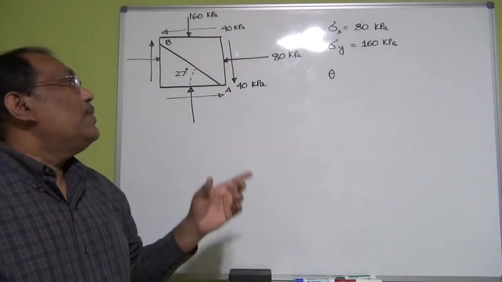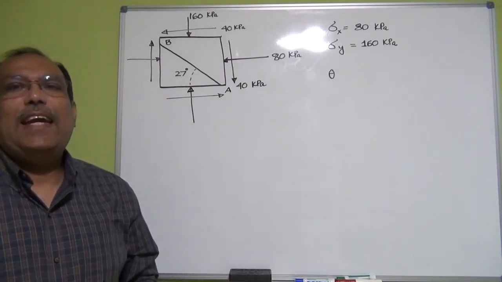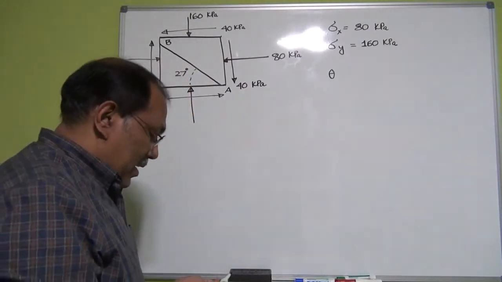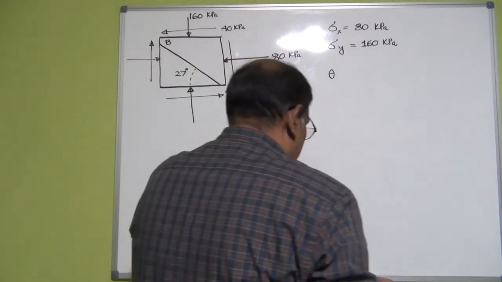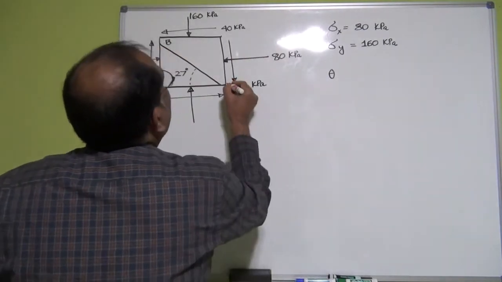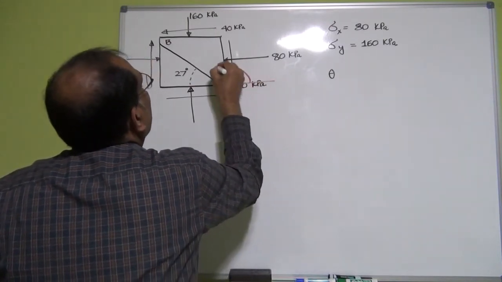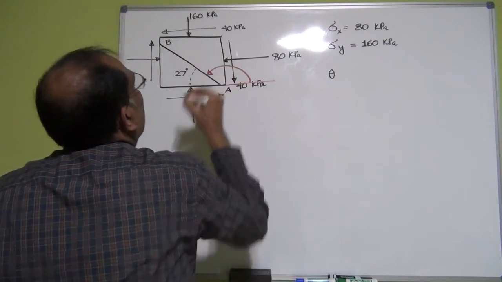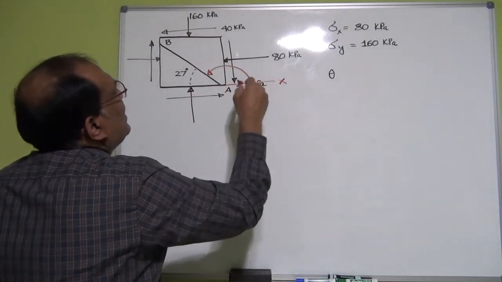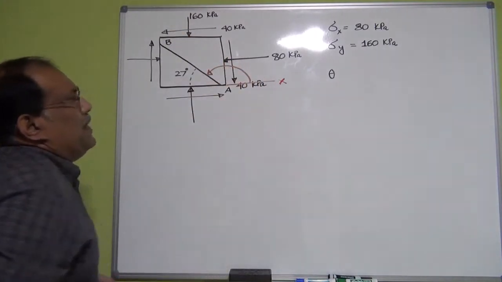Now, when you are going to use our equation, you must measure your angle from the positive x-axis counterclockwise. For example, here, your angle would actually be measured from here to here. Okay, this is your positive x-axis, and then you are measuring counterclockwise to that plane AB.